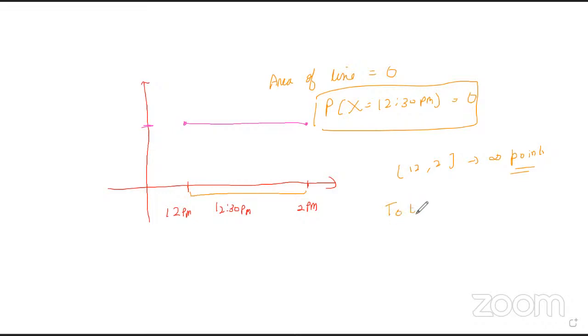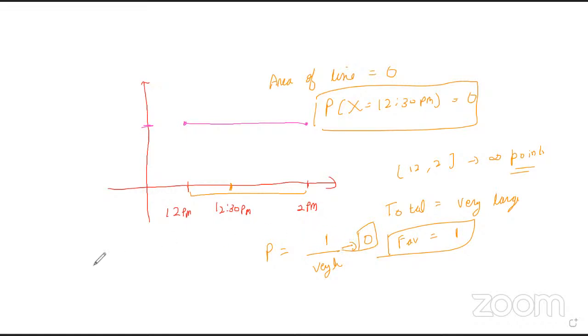So if you look at the general formula for probability, the total cases are very large. You cannot even count how many points there are between 12 and 2, while your favorable case is only one, this specific point, 12:30. So favorable cases divided by a very large number of total cases would be 0.